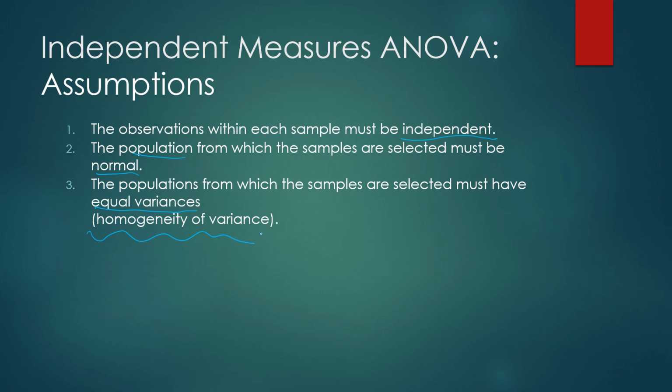And so when you do an analysis of variance in SPSS, it will pop up and tell you if your populations had equal variances. It wants to make sure that the samples have equal variances, and if it doesn't, then you violated the assumptions and your calculations are not accurate.